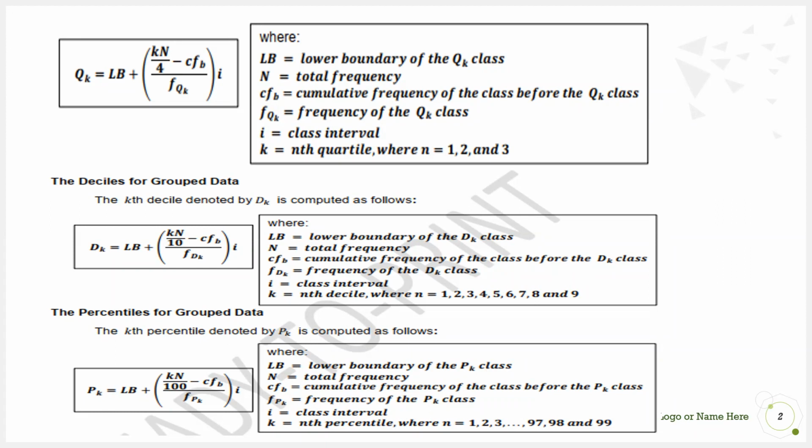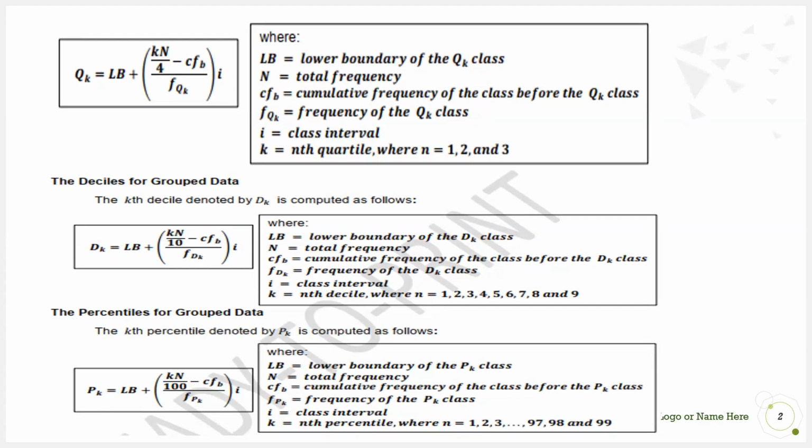So pare-pareho sila may LB or the lower class boundary. Okay po. So hahanapin natin ang lower class boundary later. Then mapapansin nyo, nandun pa rin yung idea ng 4, ng 10 at saka ng 100, versus 4 is for the quartile, 10 for the decile, and 100 for the percentile.